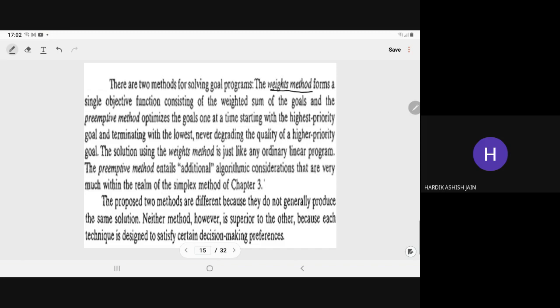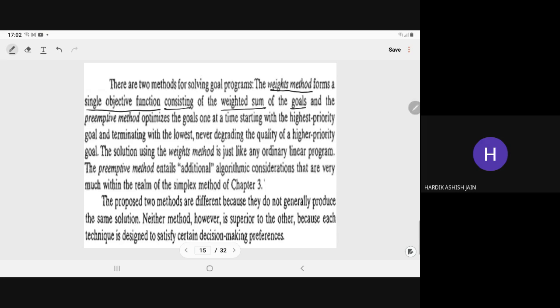Using all the goals, we form a single objective function consisting of all goals with weights. With weights means in the objective function we take the weighted sum of the goals.